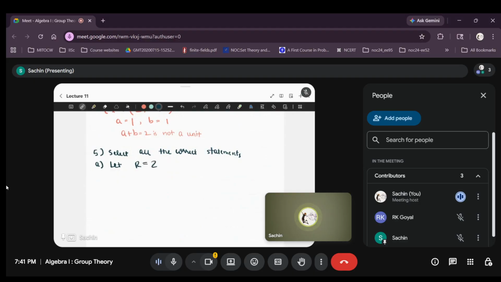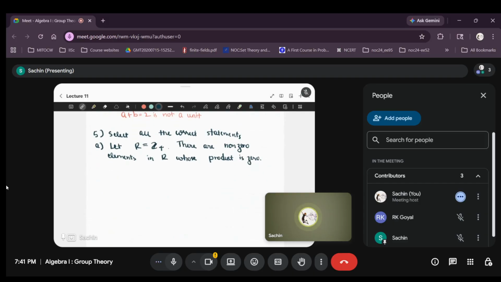Actually, we'll simply take this as Z4. Let R equal Z4. There are non-zero elements in R whose product is 0. Is that correct?